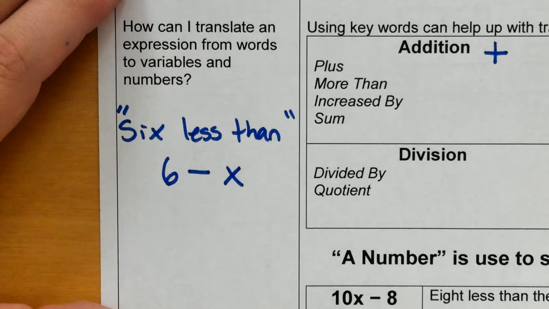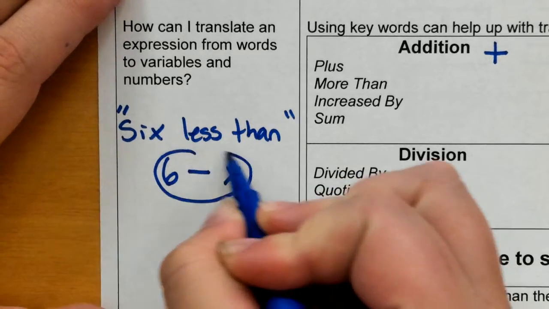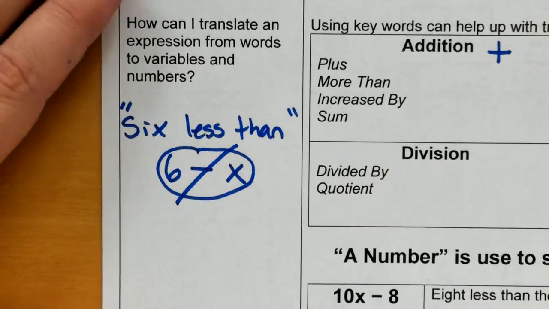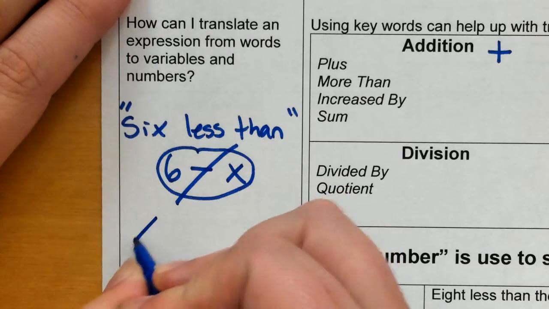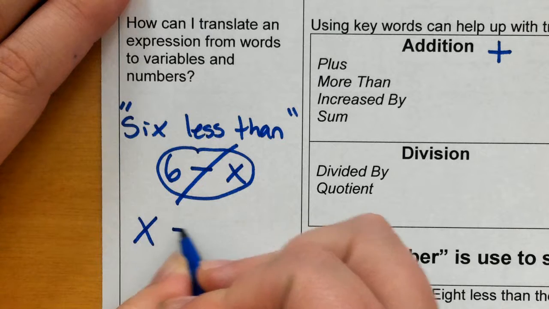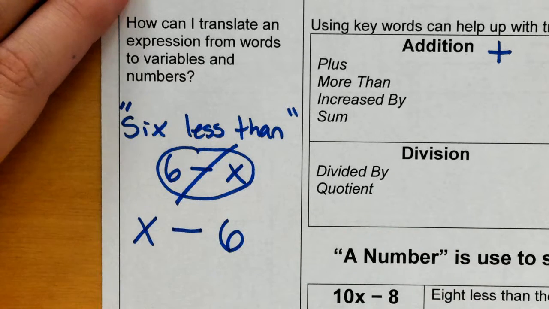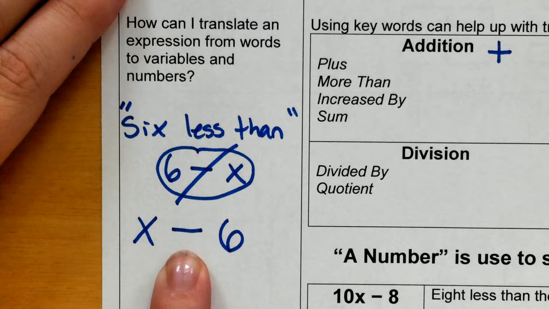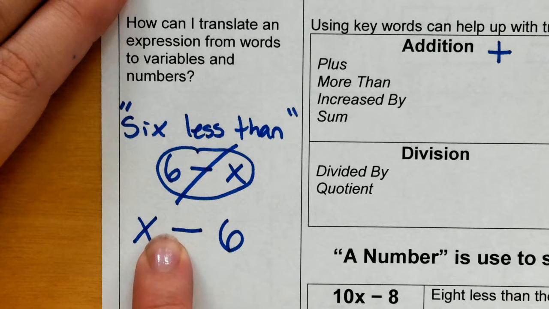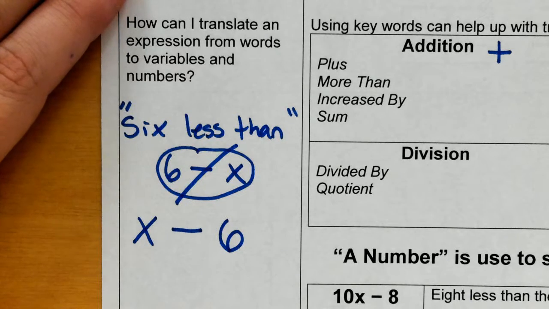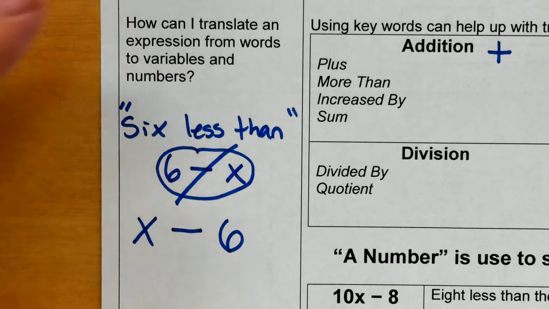It's actually not. Less than works backwards. Less than would mean that you'd start with your other number and then have minus 6. So this is 6 less than. See how it works backwards? Don't let that trick you.